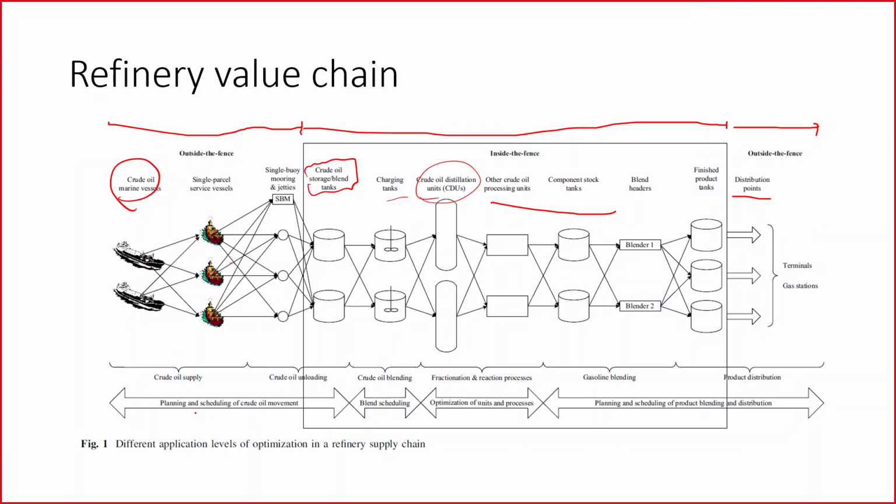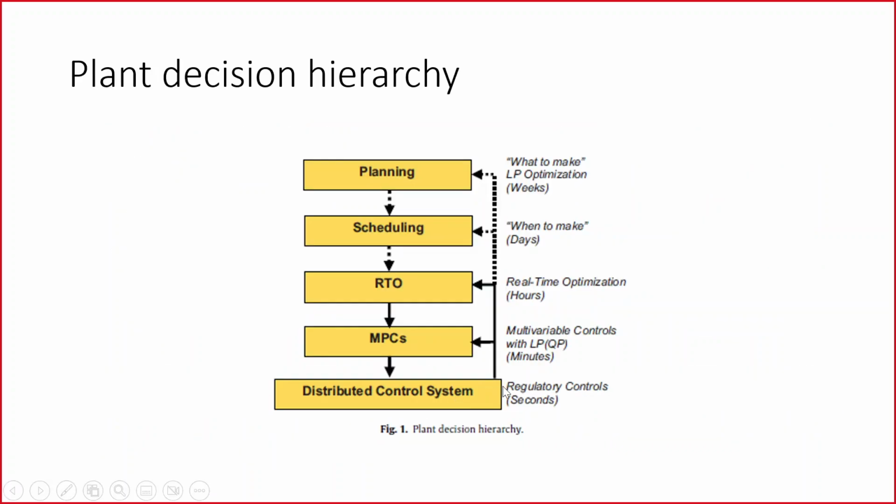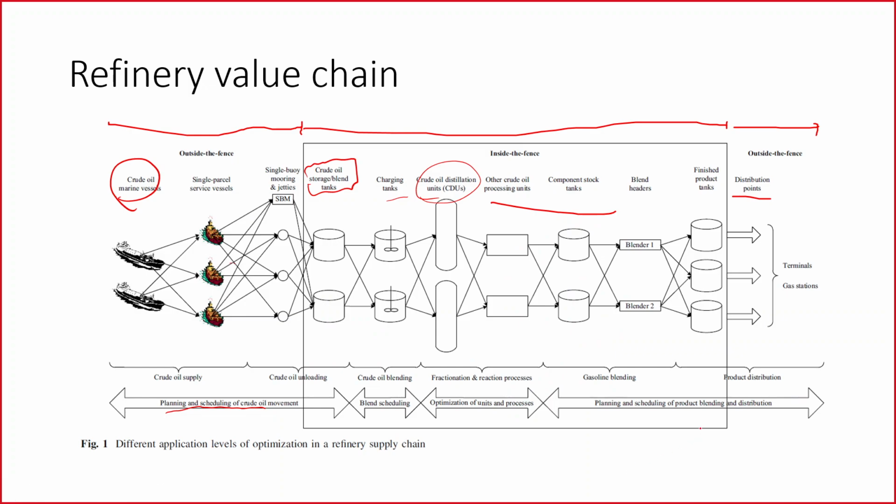They call it planning and scheduling for crude oil movement, and there's also planning and scheduling for product blending and distribution. So there are two: planning and scheduling, which is the very upstream on the crude oil, and planning and scheduling of the downstream, which is the products. And in between we can have a blend of the crude assays, because we may have different types of crudes, and our refinery is just one type of refinery, right?